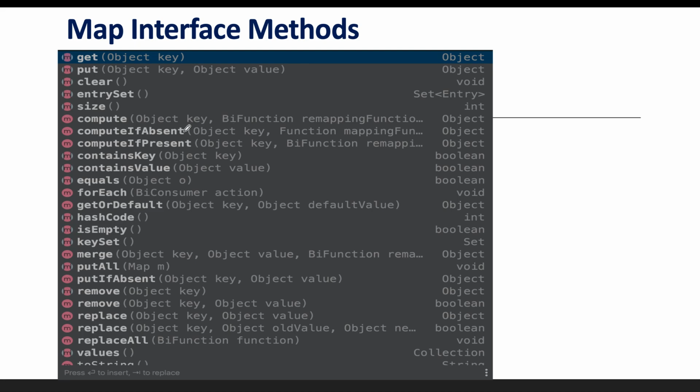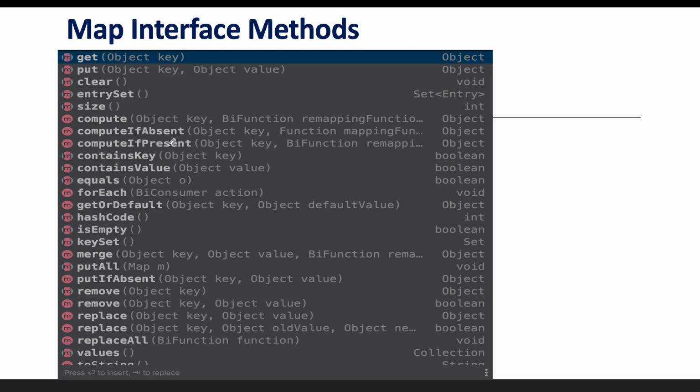So compute if absent means that if you are going to insert some key and value, before inserting it is going to check that if this key is not available, then only it is going to insert the value. Similar to that, compute if present is going to check the key. If the key is present, then only the new value is going to be inserted.